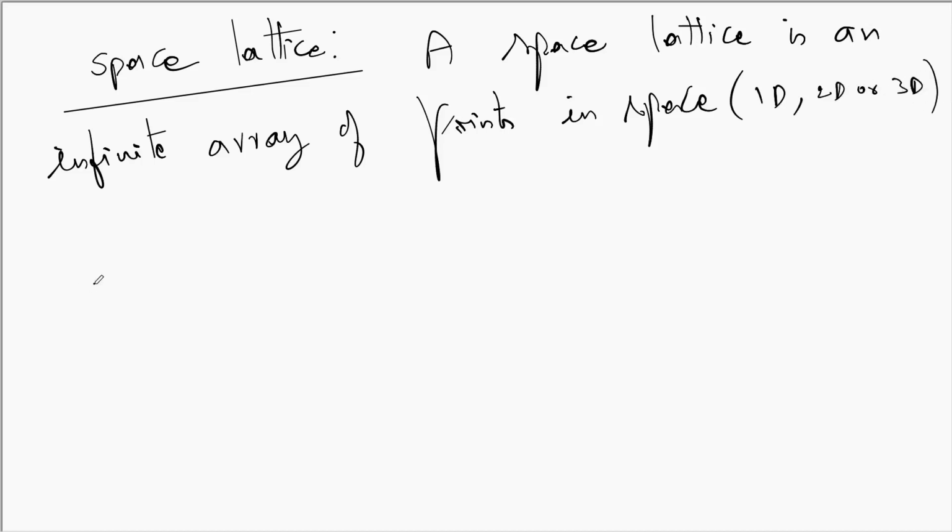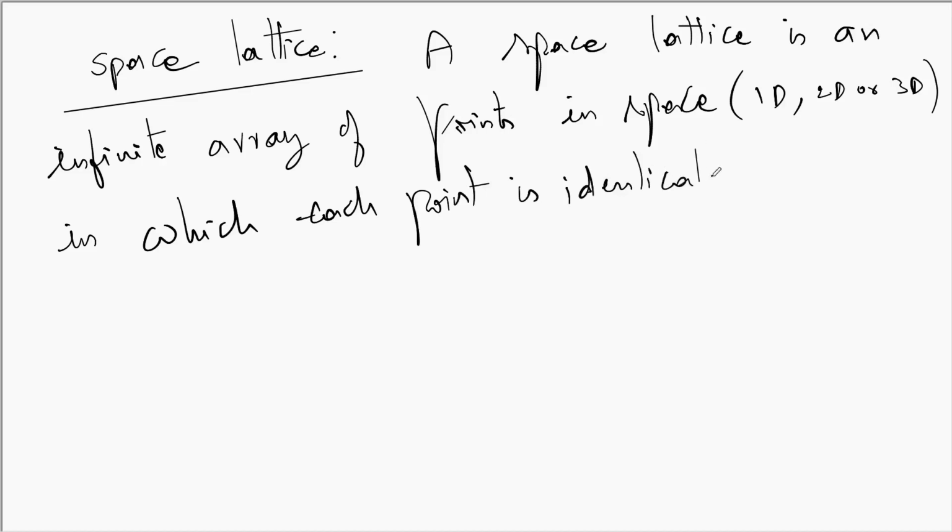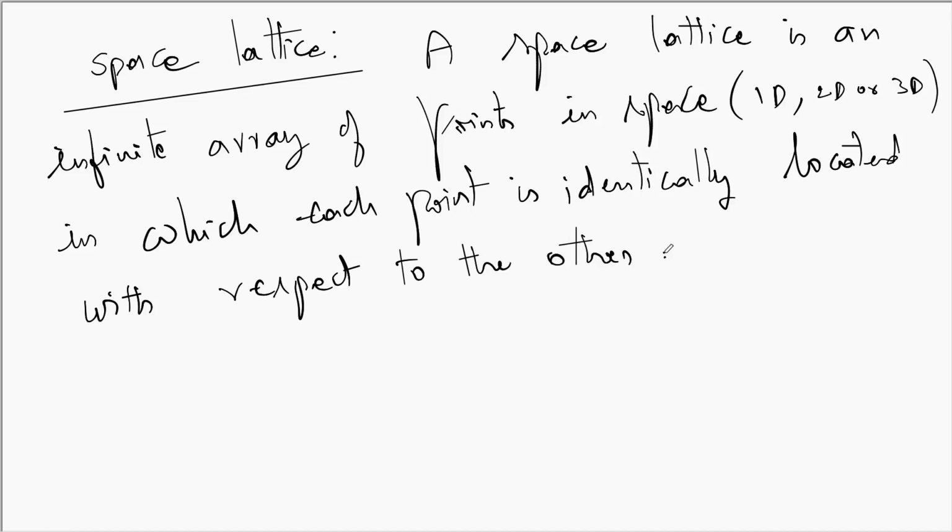The space could be one-dimensional, two-dimensional or three-dimensional, in which each point is identically located with respect to the other. The space lattice can be a one-dimensional, two-dimensional or three-dimensional space lattice.